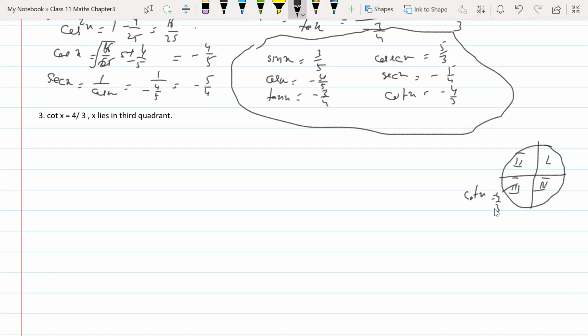So if cotangent is 4 by 3, tangent x is 1 by cot x, which is 1 by 4 by 3, and it's 3 by 4. Tangent and cotangent, we have two values.